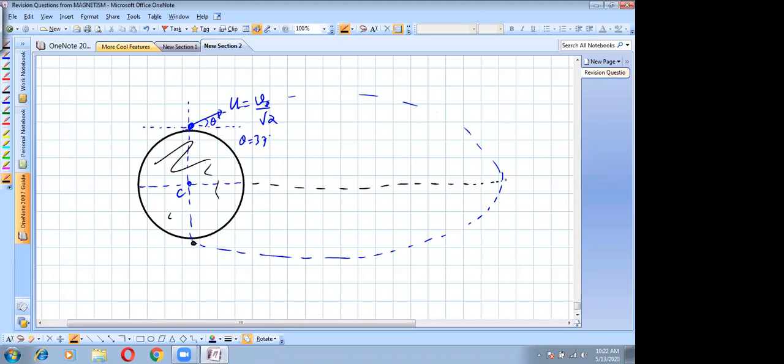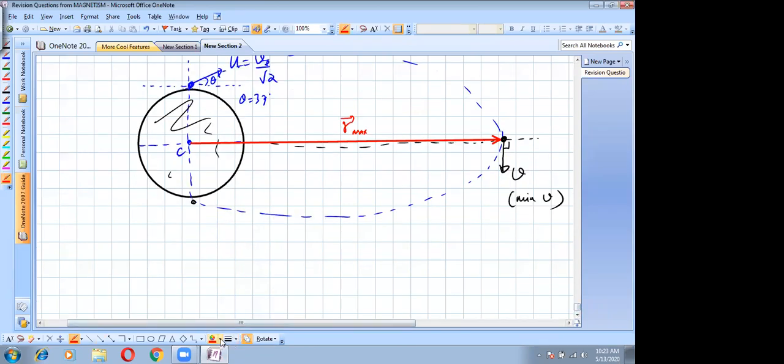So wherever it reaches a maximum displacement, the velocity vector will become like this, and this will be the minimum speed, and this would be the maximum distance.